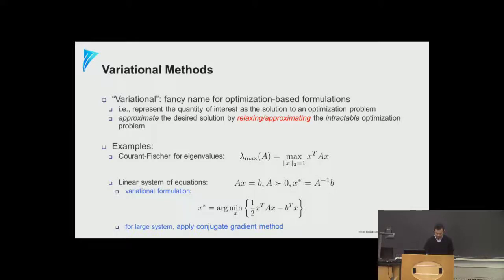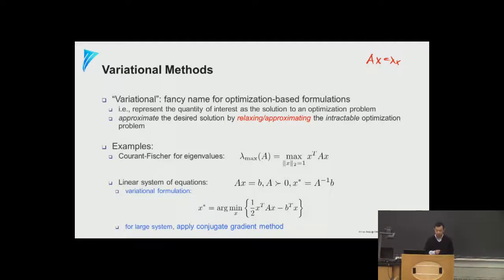So variational methods is basically just a fancier way of naming the optimization-based formulation. In fact, many of the problems we used to work on can be reformulated as an optimization problem. So for example, the eigenvalue problem. What is the eigenvalue problem? Basically, you want to solve for eigenvectors which have the following property, right? And that usually requires you to do Gaussian elimination and a lot of other things, inverting matrices and so forth.